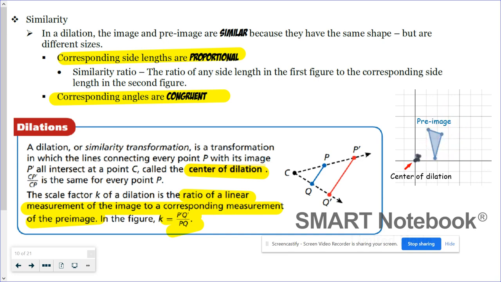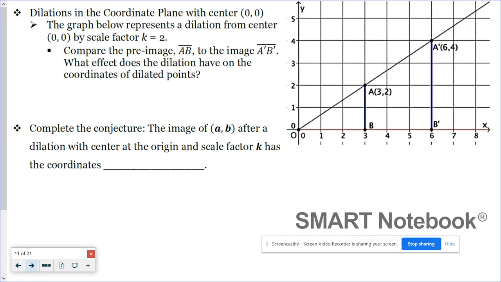Okay. So since we're going to take these dilations onto the coordinate plane, let's investigate. The graph below represents a dilation from center 0, 0 by a scale factor of 2. Compare the preimage AB to the image A prime B prime.